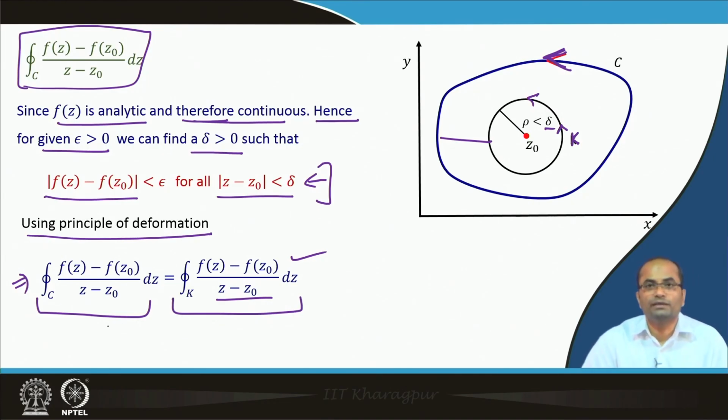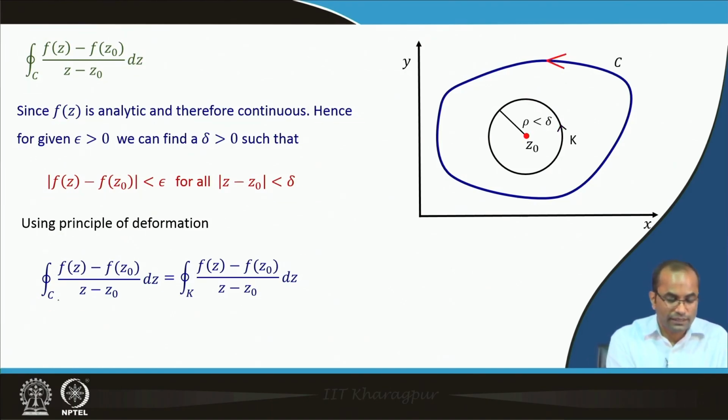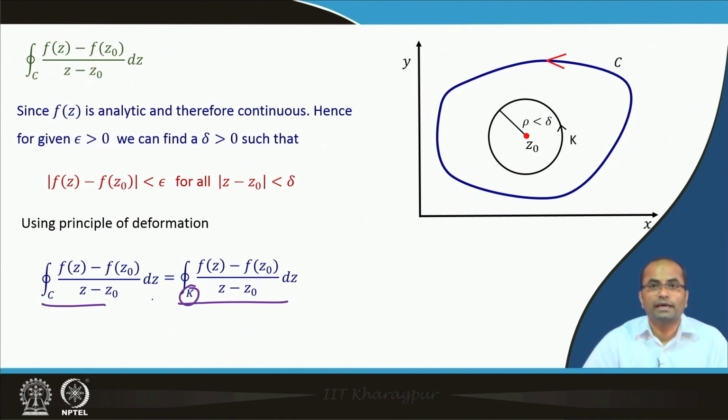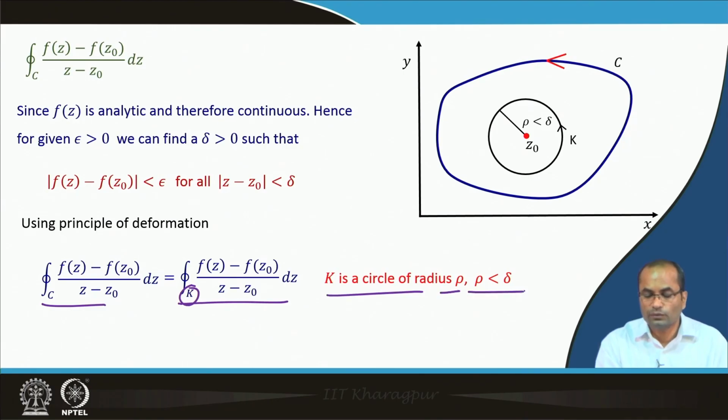That part was already discussed. So, what we observe now is that this integral is equal to this integral, and this is going to be a simpler integral because k is a circle of radius rho, and we have taken rho less than delta.